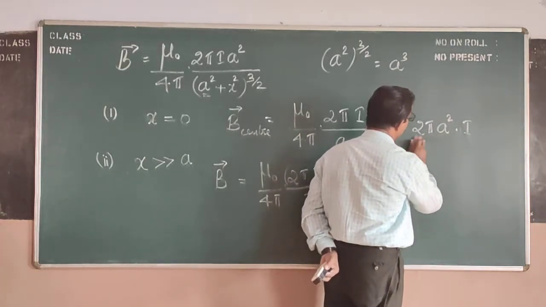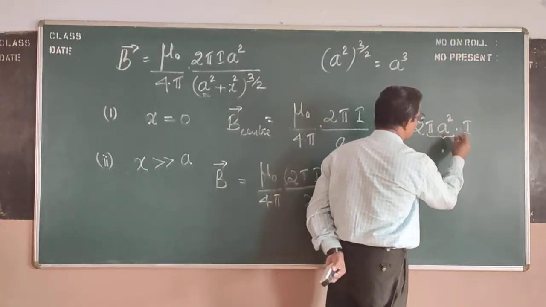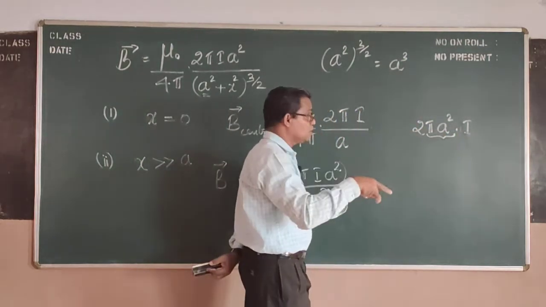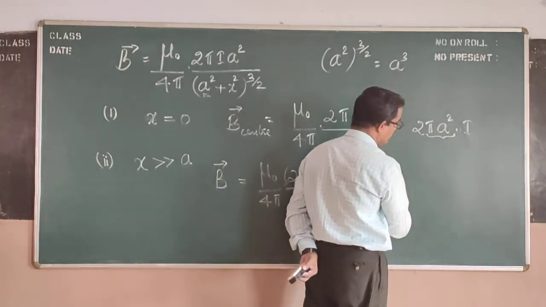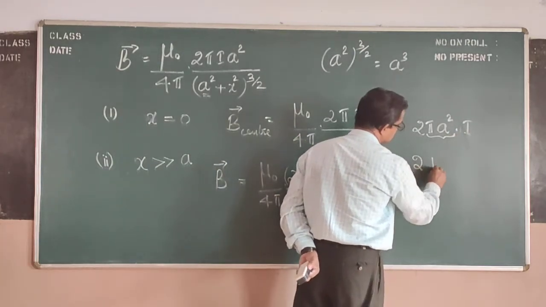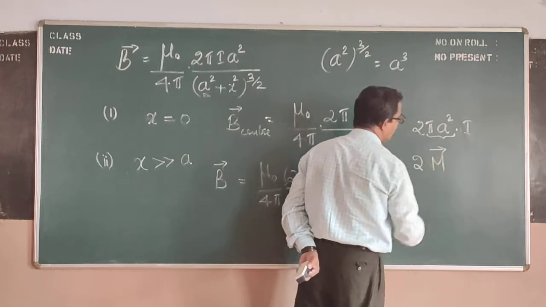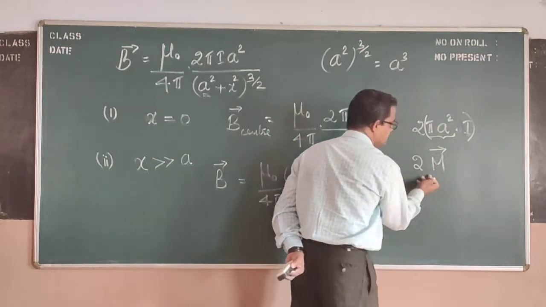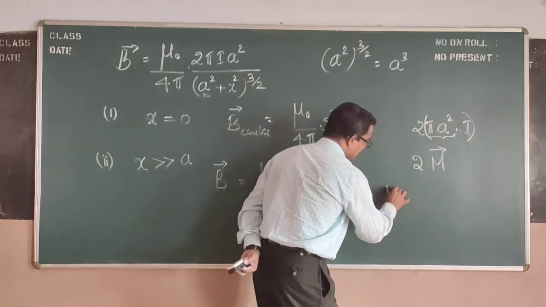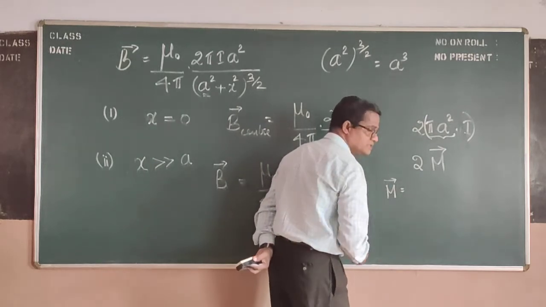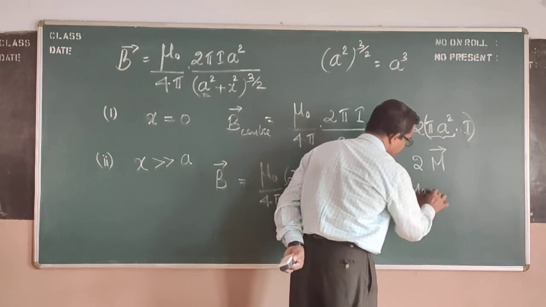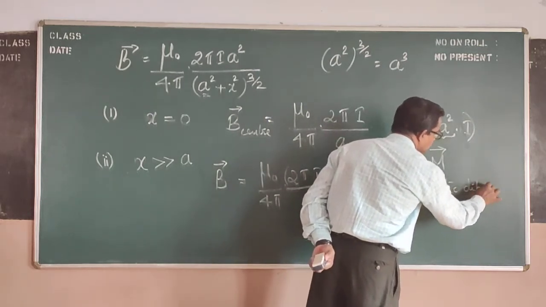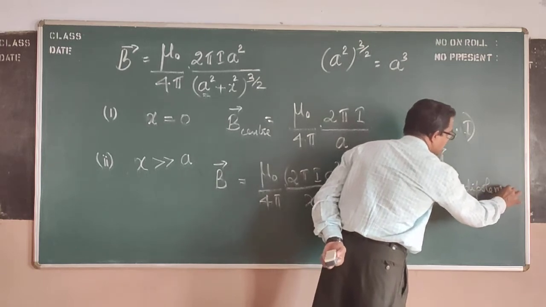Then this will be the area, that is, pi a square is the area of the circular loop and I is the current flowing. Therefore, I can rewrite this as 2 into capital M. I am representing this particular quantity as capital M, and that capital M we call as magnetic dipole moment.